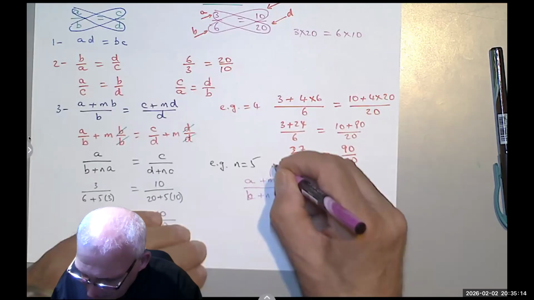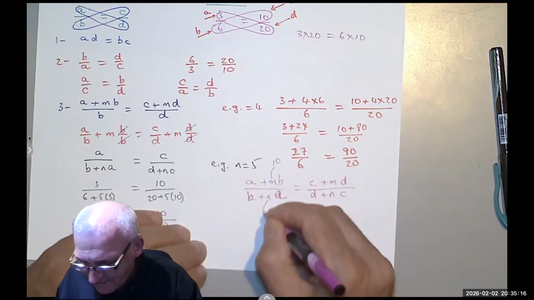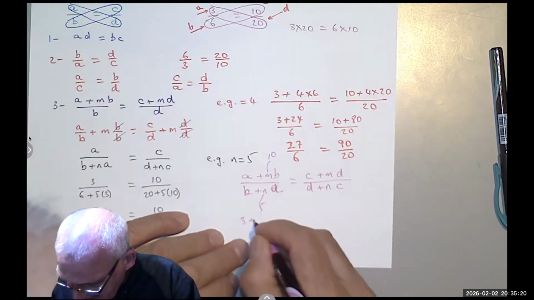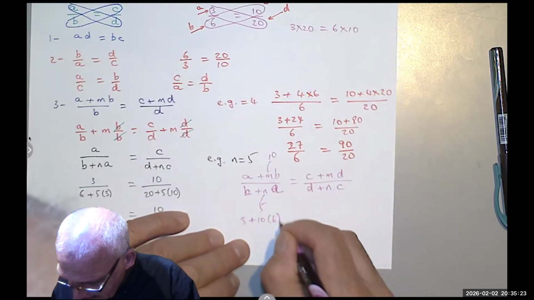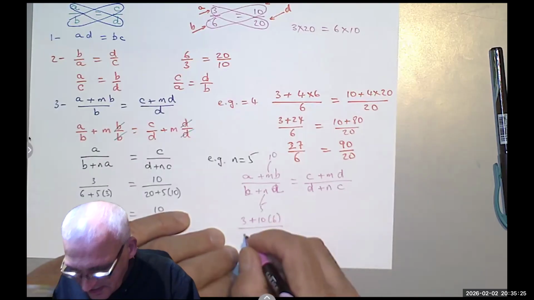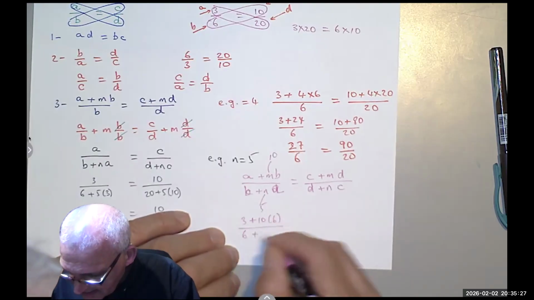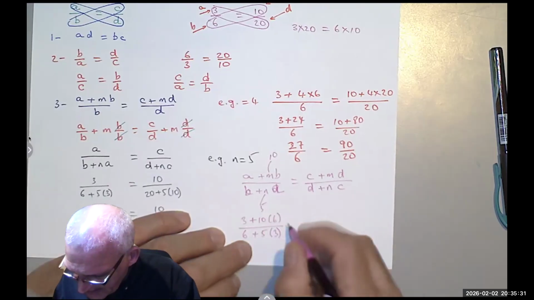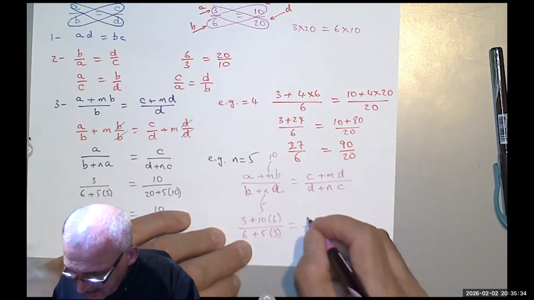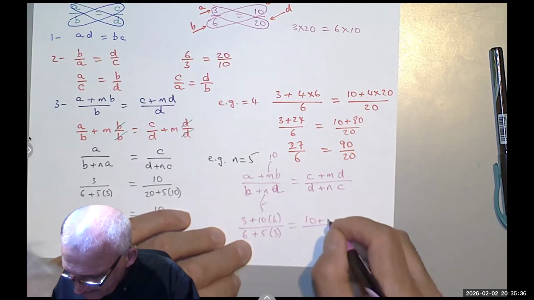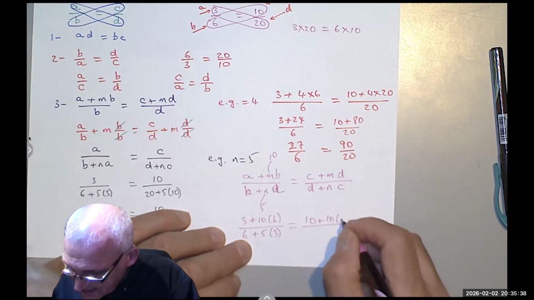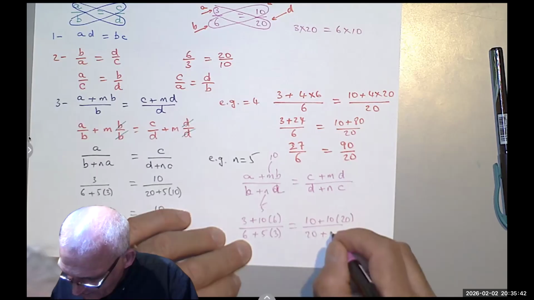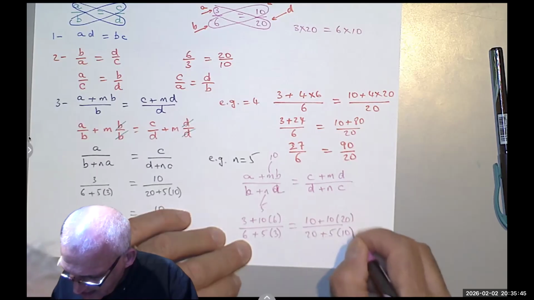Let's say the M now is 10 and the N is 5. So A is 3 plus 10 times 6 over 6 plus 5 times 3. Is that the same as 10 plus 10 times 20 over 20 plus 5 times 10?